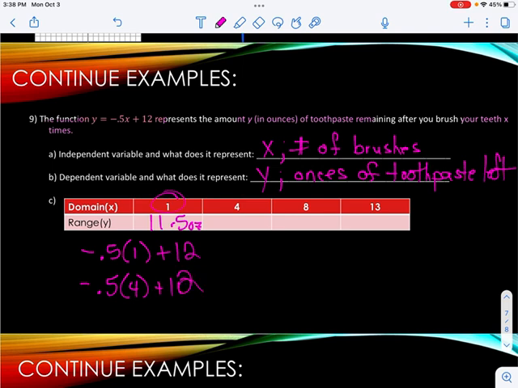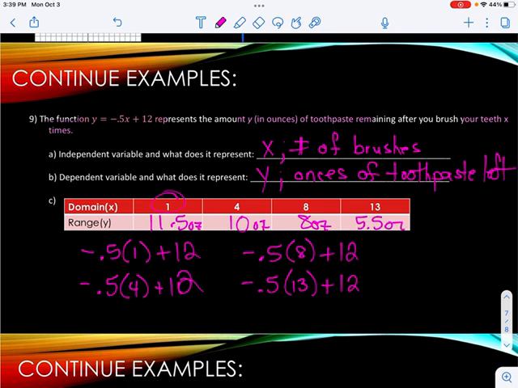Well, half of 4 is 2, so -2 plus 12, so now I'm down to 10 ounces. Then I'd plug in the 8. So -0.5 times 8 plus 12, which gives me -4 plus 12, which is 8 ounces. And my last one, I go -0.5 times 13, add the 12 to it. That's going to give me -6.5, add 12. That would be 5.5 ounces.